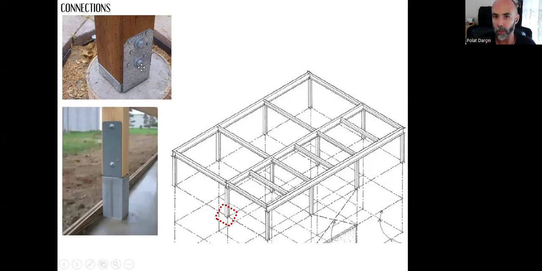So instead of placing it directly on the ground floor surface, we can have this elevated part first, and then we can start our post, so that it will be protected from this rain splash.